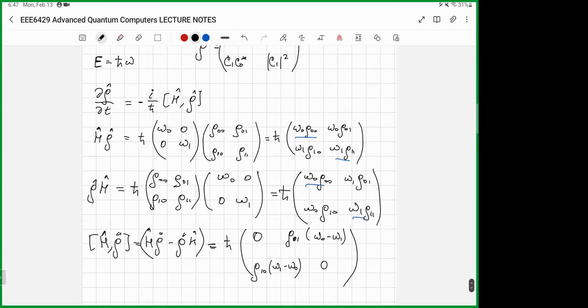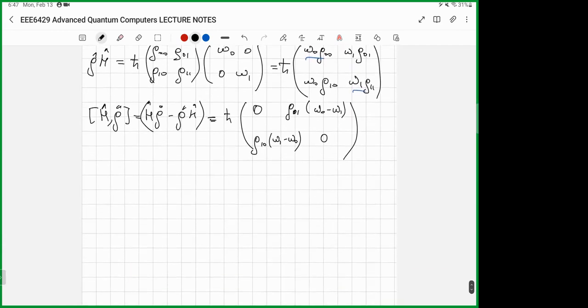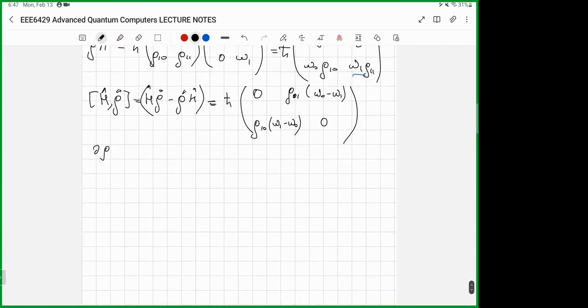Right. So this von Neumann equation, if I rewrite it by components, it will be the time derivative of rho mn, with the commutator of H and rho mn.